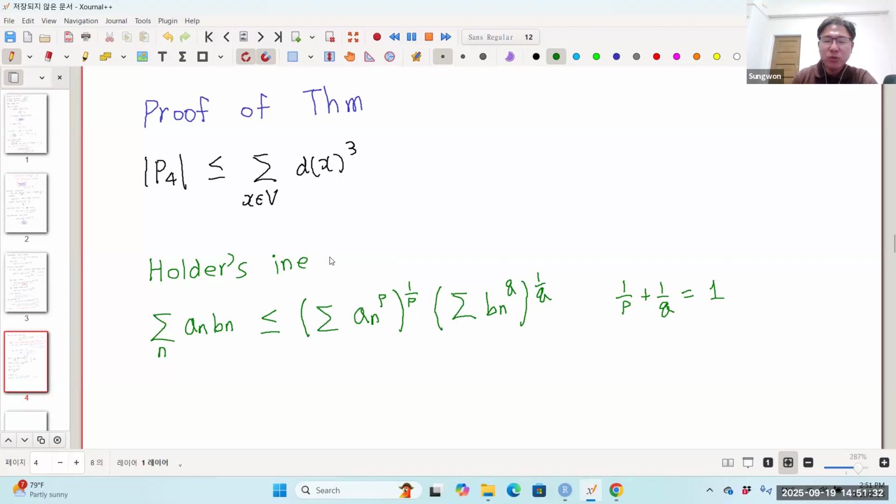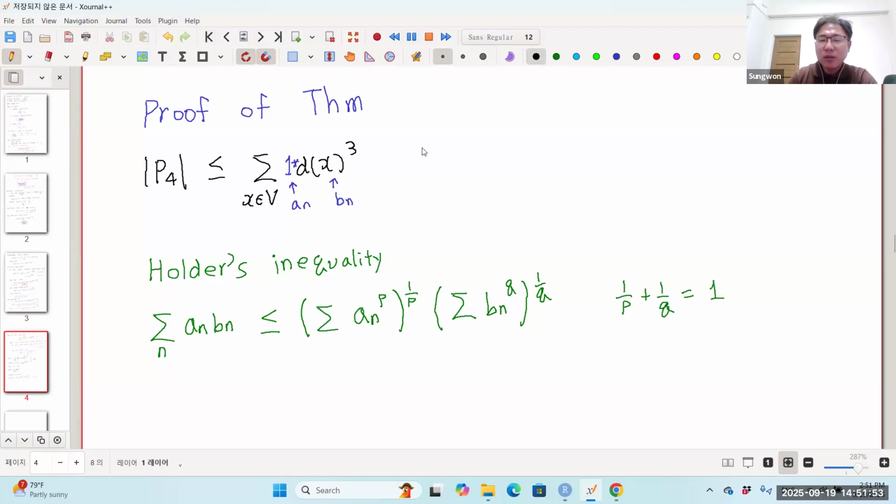So I'm going to use this Holder's inequality here. So here you're missing, there's a 1 times that. You can think of that as a_n and this one as b_n.